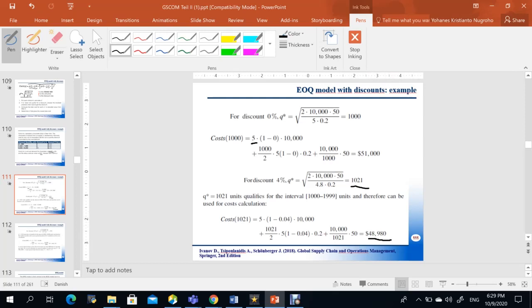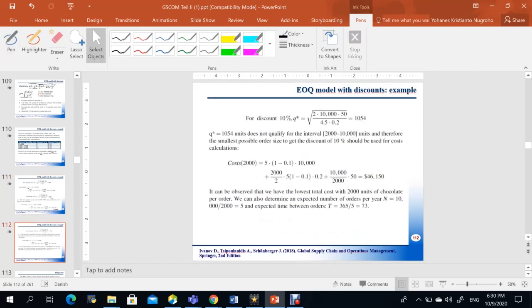Okay, now we try to increase by ordering more than 1,999. Let's say 2,000 for getting a 10% discount. But the order quantity for getting the 10% discount is 1,054, which is less than 2,000, and therefore it's not acceptable.